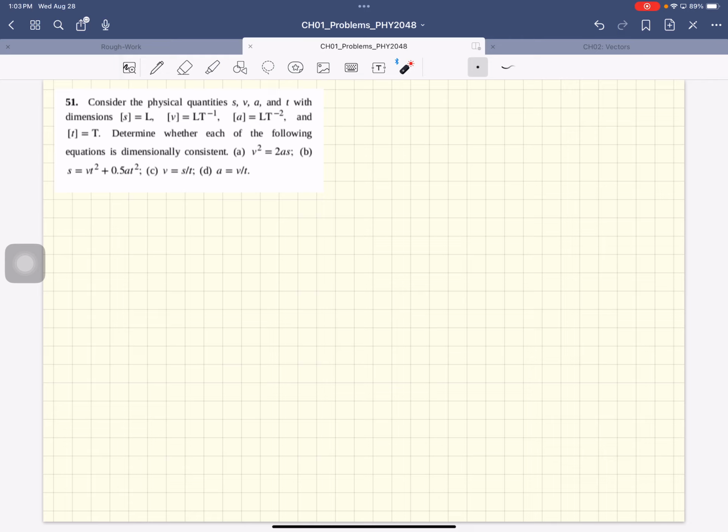Because if you have apples on the left-hand side and oranges on the right-hand side, even I can tell you that's not a correct equation. So that's the first check we'll do, dimensional analysis. For instance, I'll just do part B: S equal to VT squared plus 0.5 AT squared.